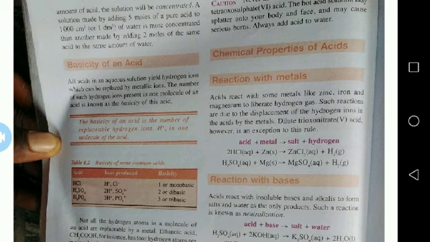I had some growth on my face, and I used the acid from a car battery, and it was very hot. So what I'm saying is true. Concentrated acids are corrosive. They can burn the skin and cause injury.